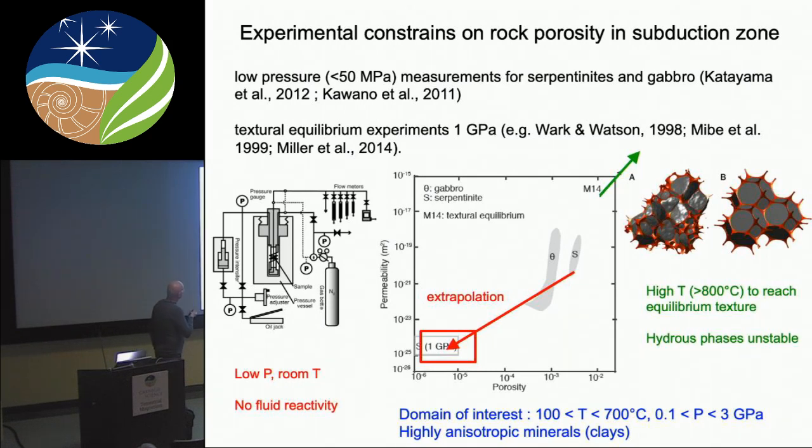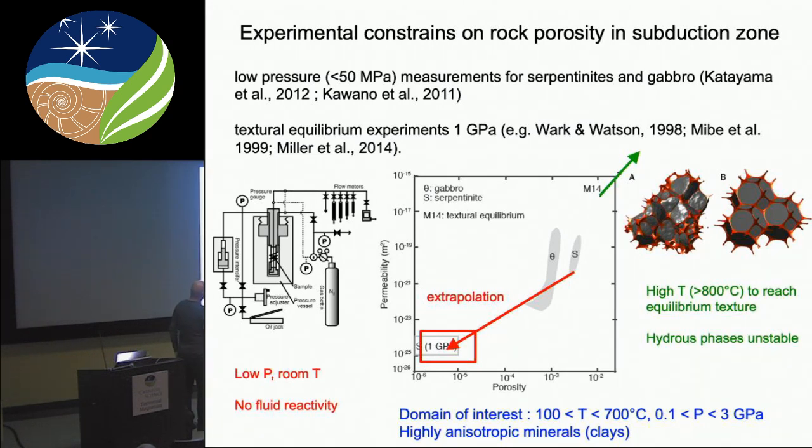So you can do measurements on serpentinites and gabbros, which was done mainly by the Hiroshima group. And from that you get a range of data that show first a strong reduction of permeability that is due to a compression of the pores in the system, and then they have this small branch here that they consider the high pressure behavior, and they extrapolate it up to 1 gigapascal, and they get essentially very low values with porosities of 10 to the minus 5 and permeabilities of 10 to the minus 24.